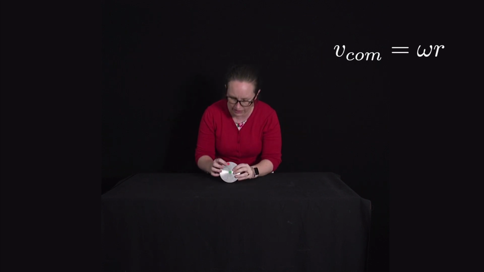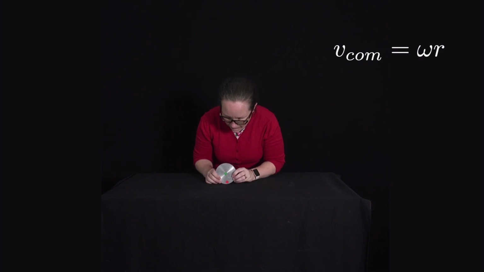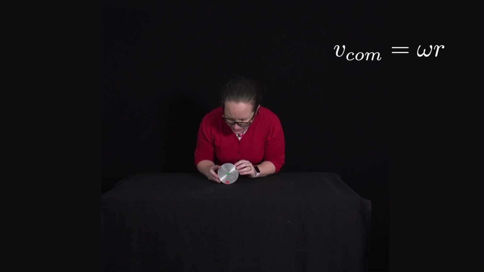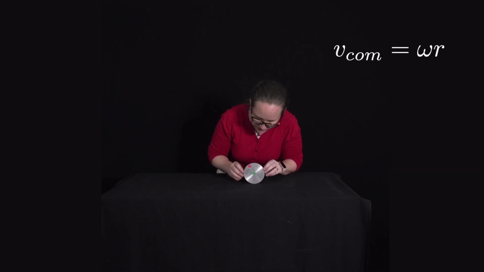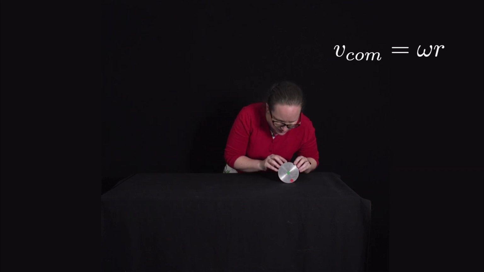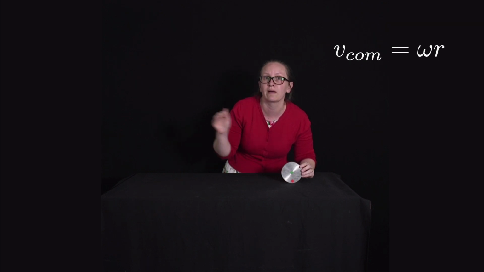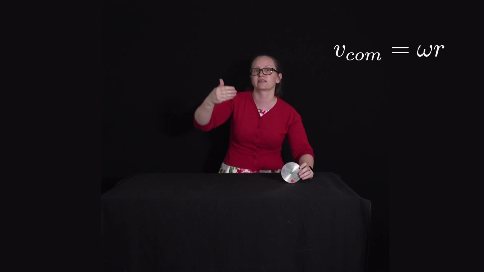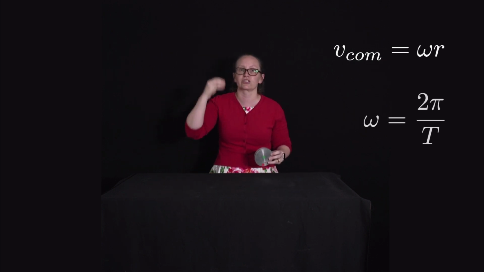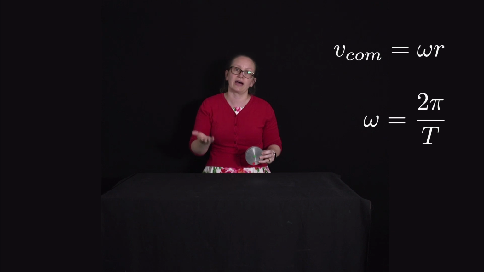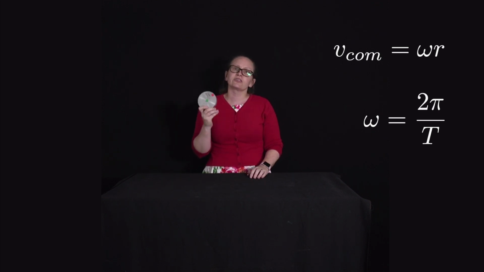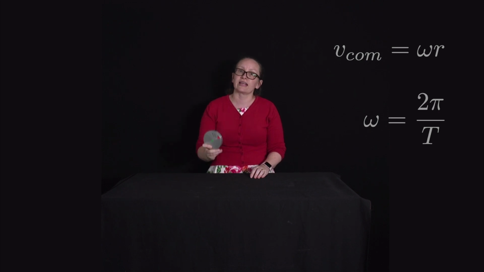If we think about how far this disk travels in one period, well, the distance it travels is one circumference like this, which is given by 2 pi r. So it goes through 2 pi radians in that period, and the angular speed is just 2 pi divided by the period.